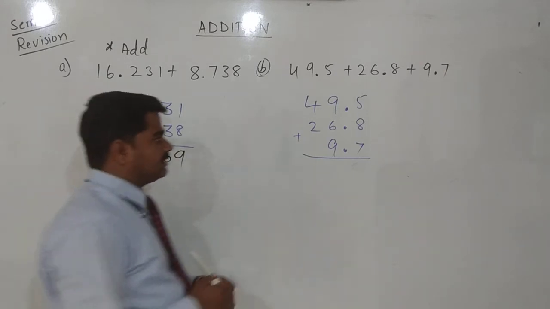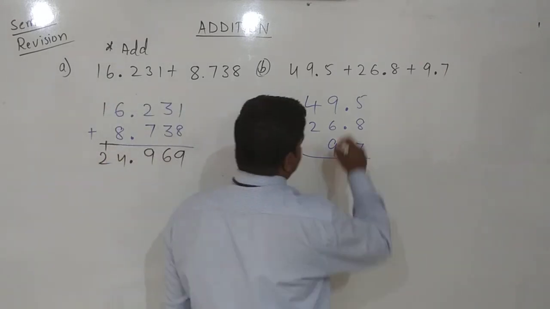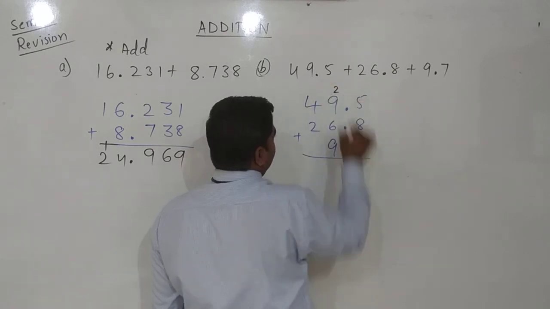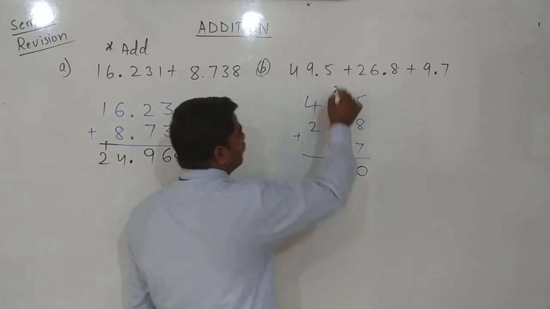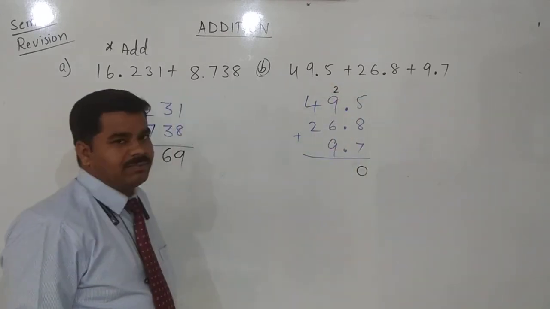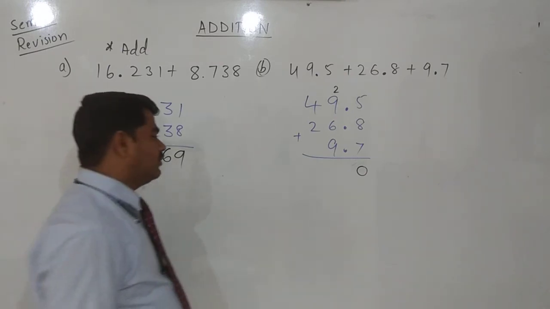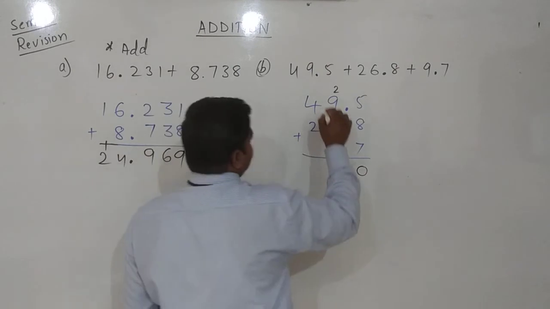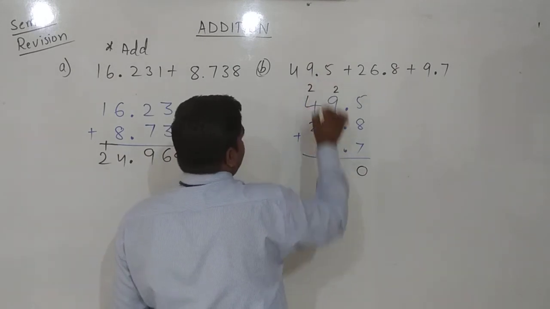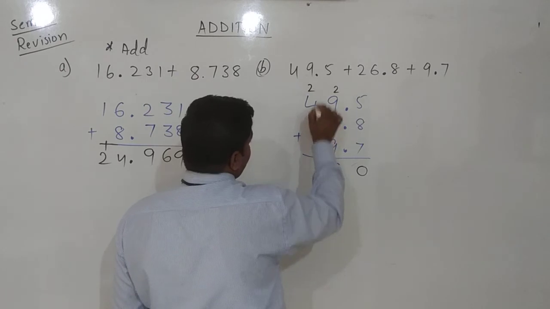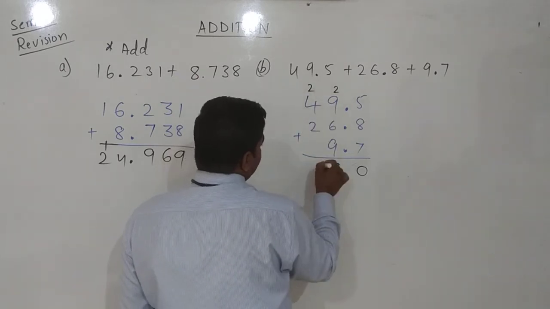We can add it. 5 plus 8, 13, plus 7, 20. 2 carry above. Then 2 plus 9, 11. 11 plus 6, 17. 17 plus 9, yes, 26. 2 carry again, write 6. Then 2 plus 4, 6. 6 plus 2, 8.